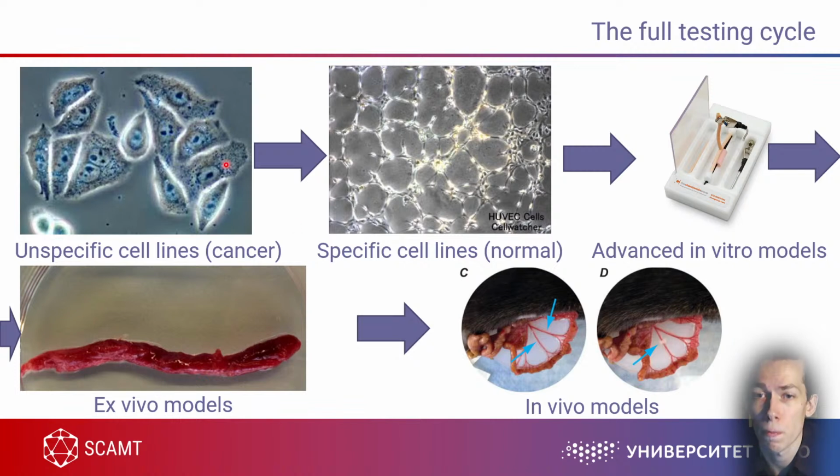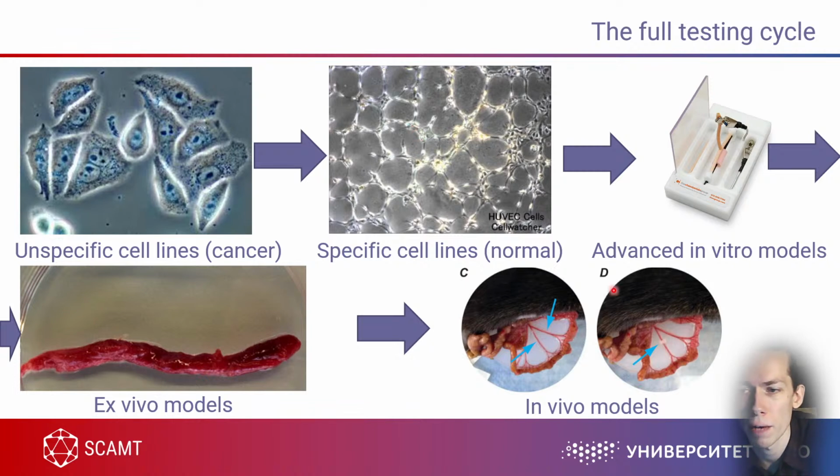But apart from the first one, apart from unspecific cell lines, all of these stages require a lot of money, a lot of expertise, and a lot of specific equipment. Probably the least expensive is the first one, and everything connected with cells is not very expensive.